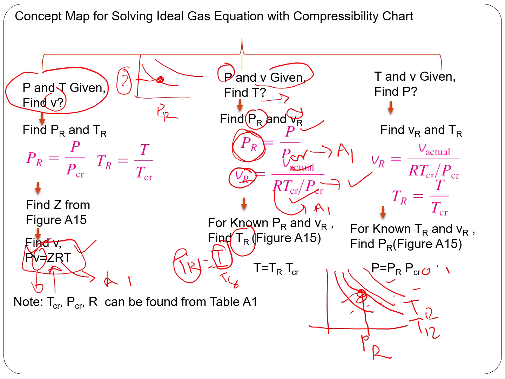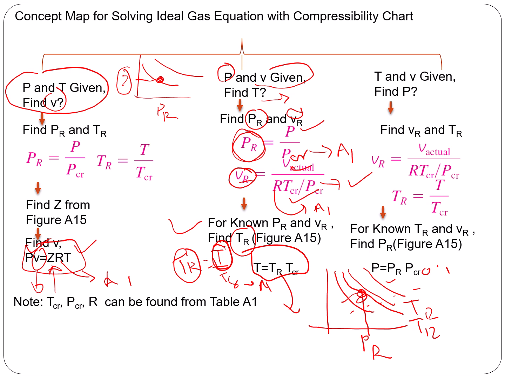From the plot we got this value, and T critical value we can get from A1. So the only unknown is temperature, so we can use this equation to find the unknown temperature. So in this case, you don't even have to calculate the value of Z, you are getting directly the value of T using this plot. Okay, so this is the second case.